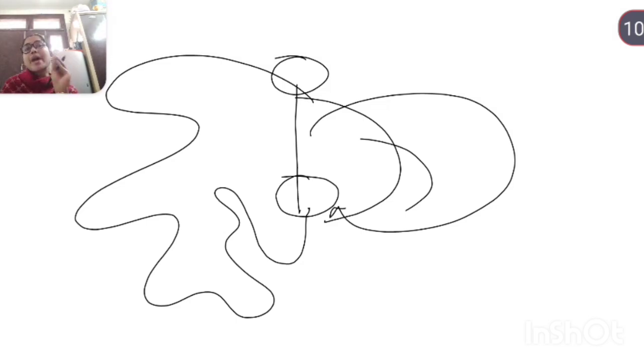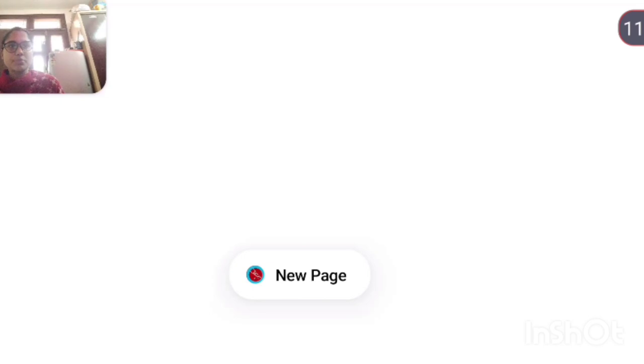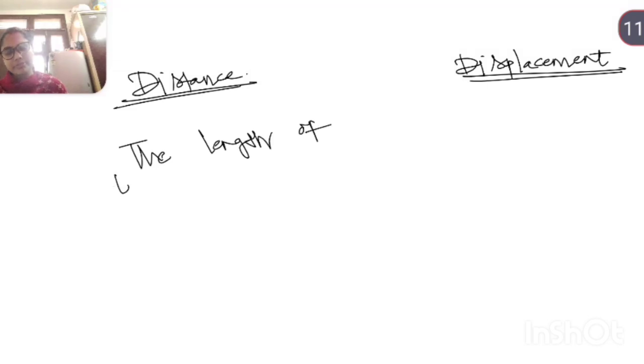So the path length we call distance. Suppose this is path A and this is path B. These are all called distance. So distance is nothing but the length of the path. There are n number of paths a ball can travel from the initial to the final position.